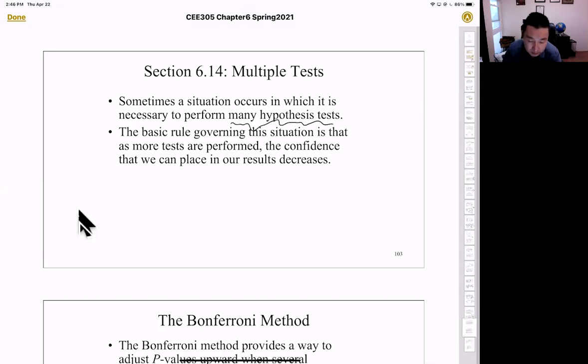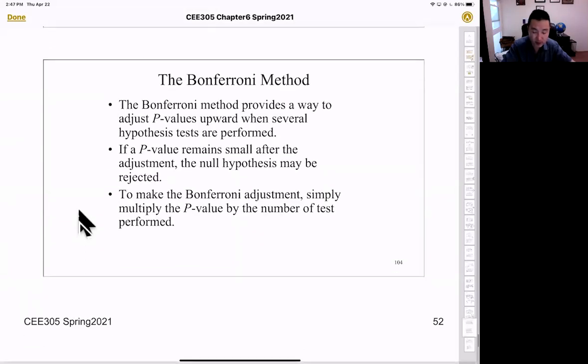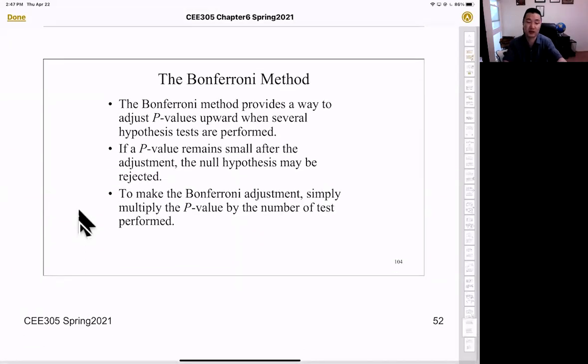So when we perform more than one hypothesis test, we should make some modification, and how to make the modification is pretty simple. We call that the Bonferroni method. This method provides a way to adjust the p-value when we perform multiple hypothesis tests.